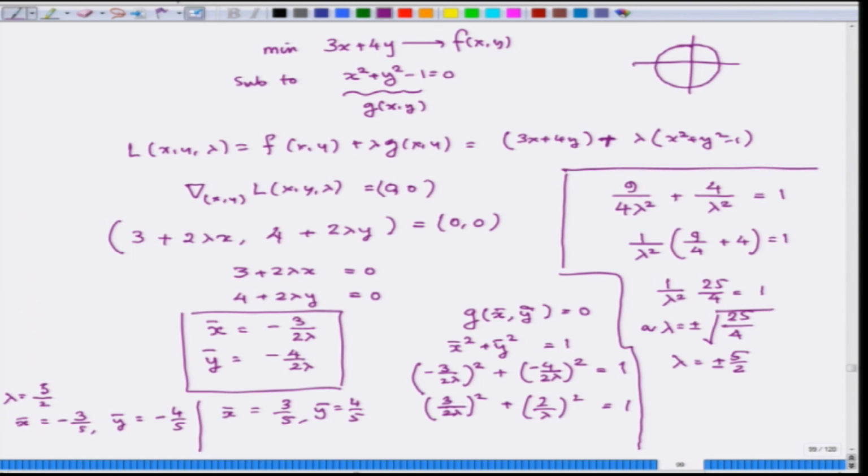This is also something you have to keep in mind. So, once you are guaranteed the maximizer and minimizer exist, you plug in the values and figure out which is the maximizer and which is the minimizer.